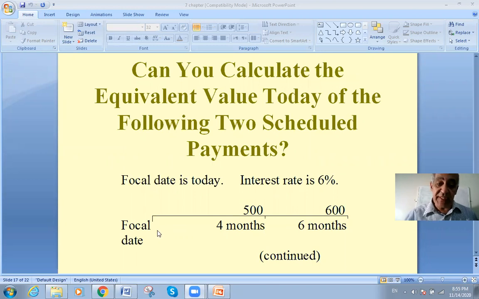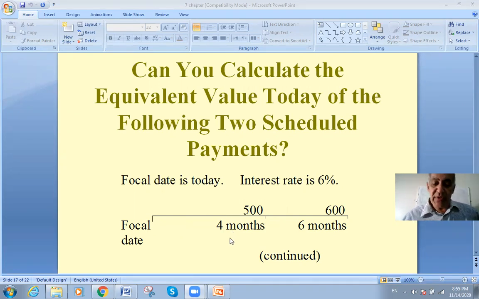That's what I was just explaining. So this is the focal date, and here you have after. You would take as an example someone who will take $500 after 4 months from a bank, and he will take $600 after 6 months from the same bank. Or you have two bills of exchange, or two debts of yours.